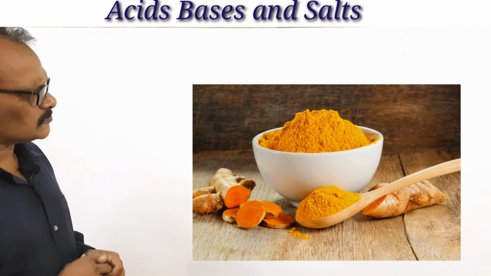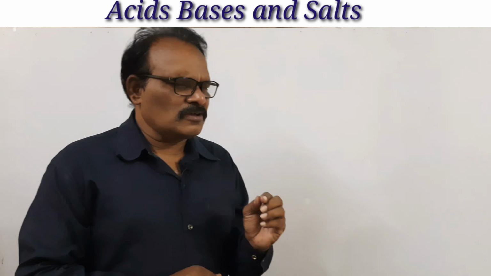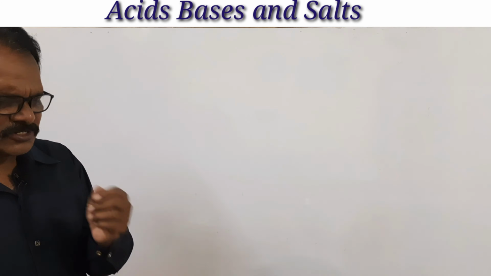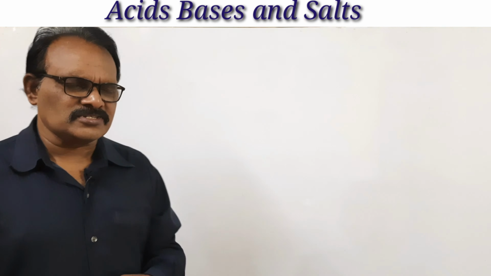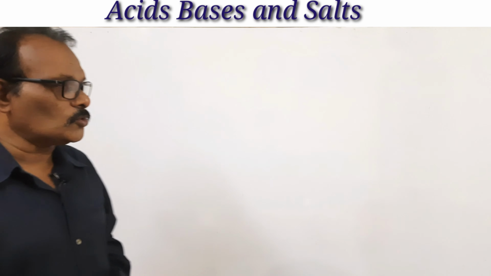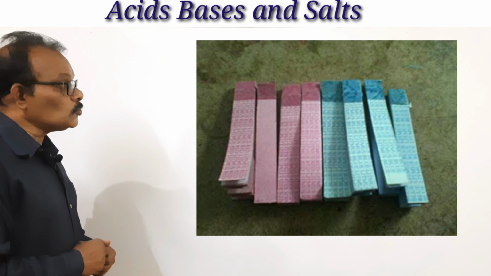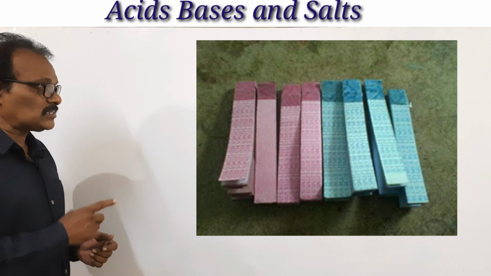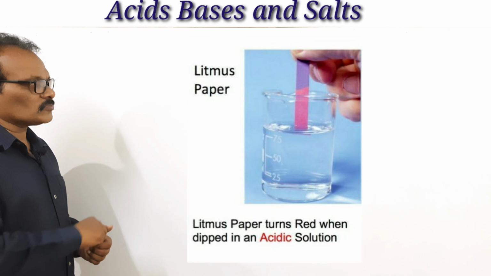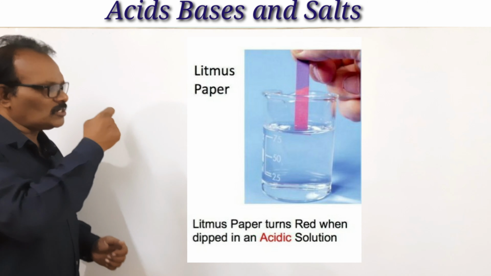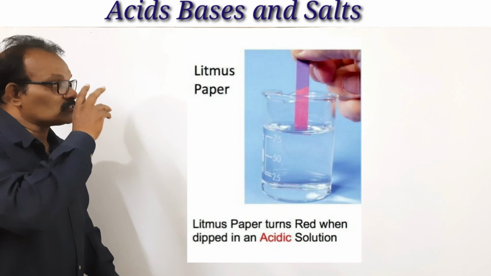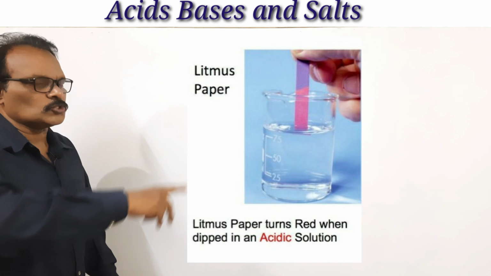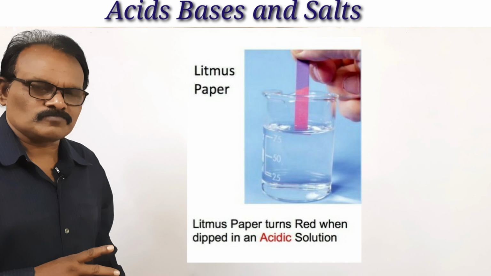What is litmus? Litmus we have in chemistry when we do this type of practicals in the school lab. We have two litmus papers, one is blue litmus paper, another is red litmus paper. If you put the blue litmus paper in acid, the blue litmus will convert into red. It will change its color.